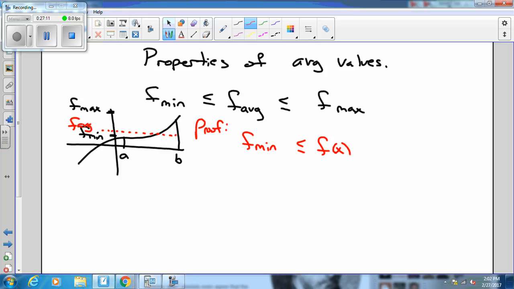here's our proof. By definition, f of x is trapped between its max and its min. That's what it means to be max and min.